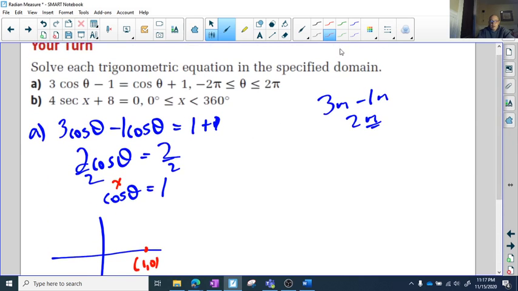Okay, let's look at B. B is working in degrees. Again, isolate your trig ratio. 4 secant x, I'll take the 8 to the other side. I'm going to divide both sides by 4.